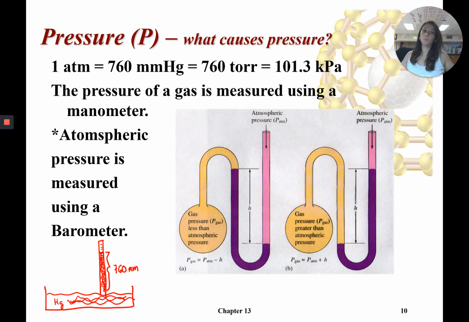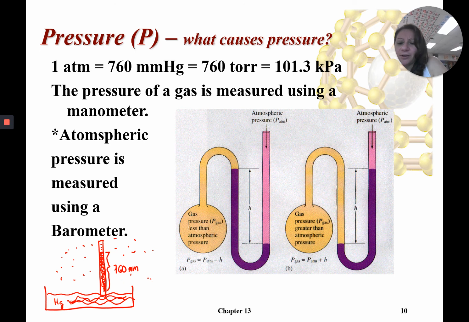And when there's normal pressure, the height, because it's graduated, the height that they can read is 760 millimeters of mercury. Now, why is that? Why does the liquid stay in that tube? Why does the water stay in your water bottle? Well, the reason is because of air pressure. So the gas particles in the air are colliding with each other.